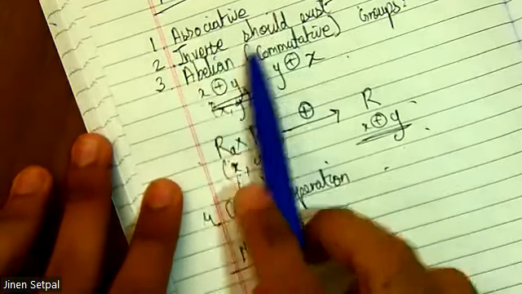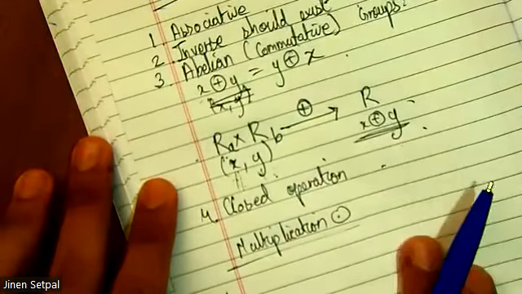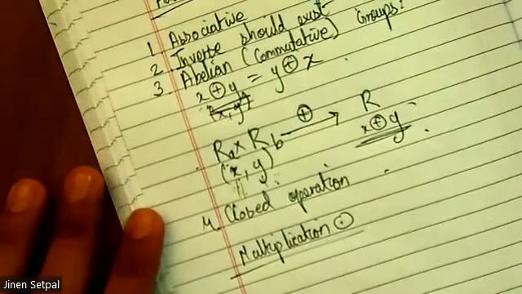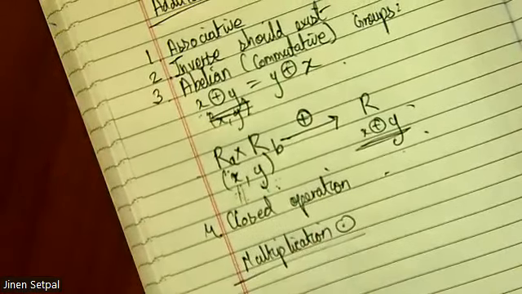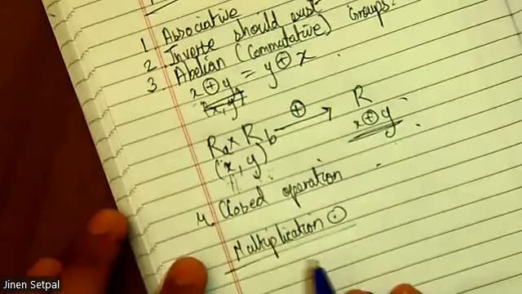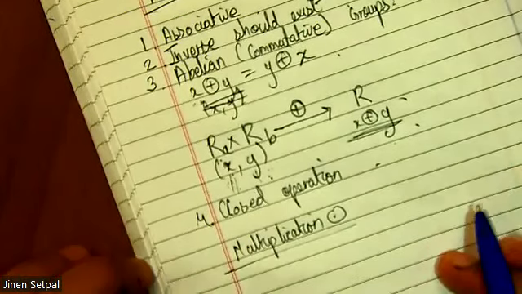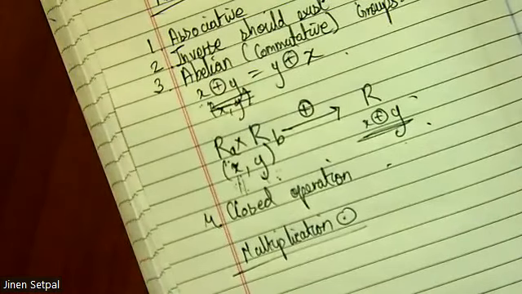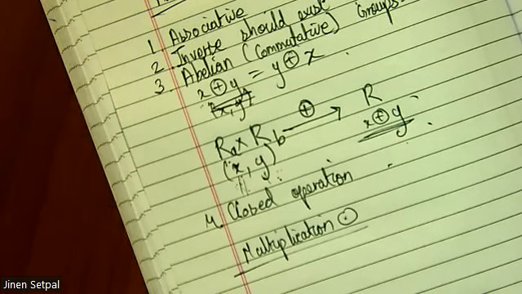So right now we defined associative, inverse, abelian or commutative properties, but that does not exist for the dot product. The reason is that the operations we carry out here are a mix of algebraic structures. Within an algebraic structure, we can have a matrix and we can also have an integer.